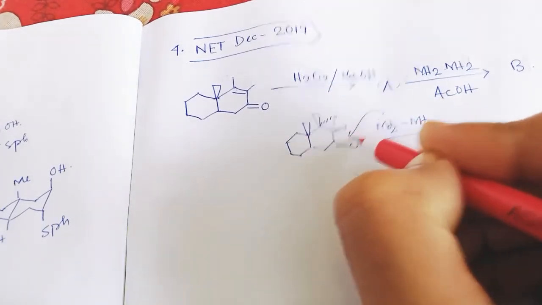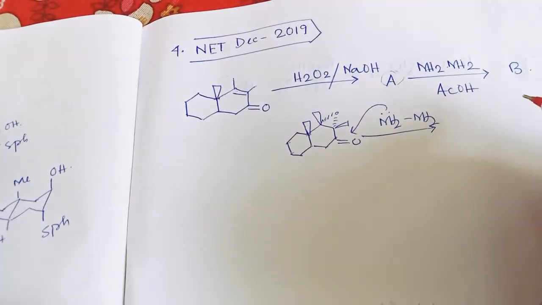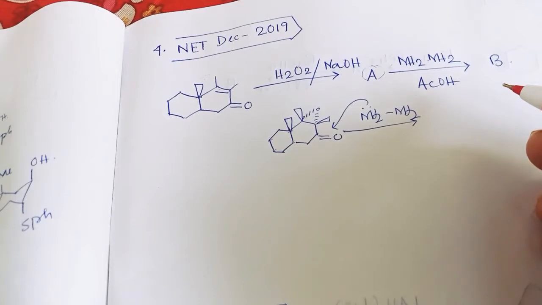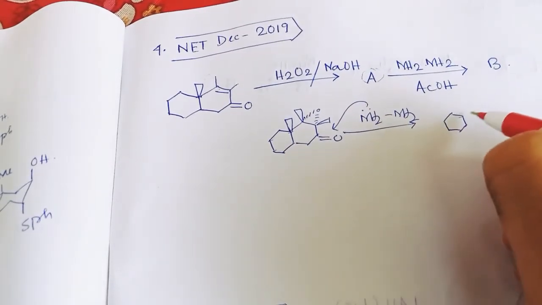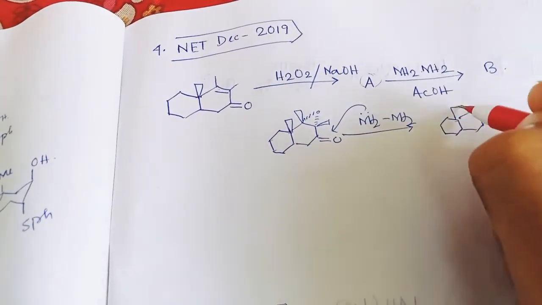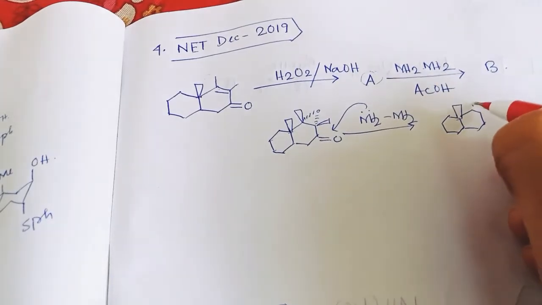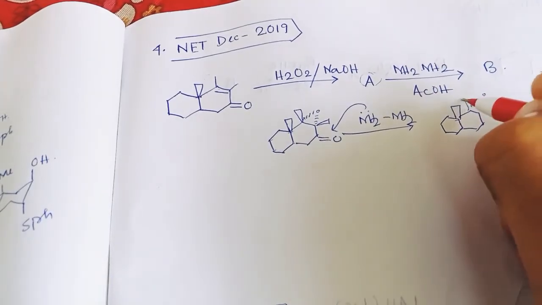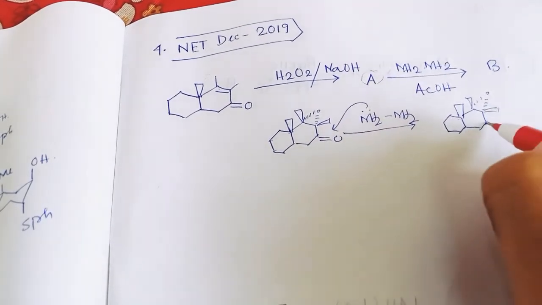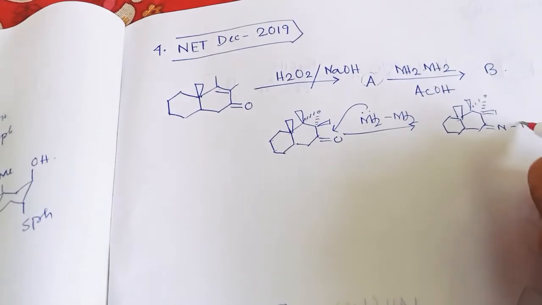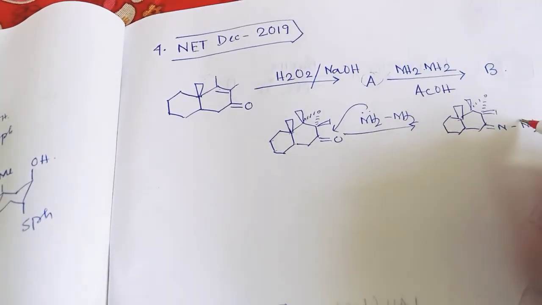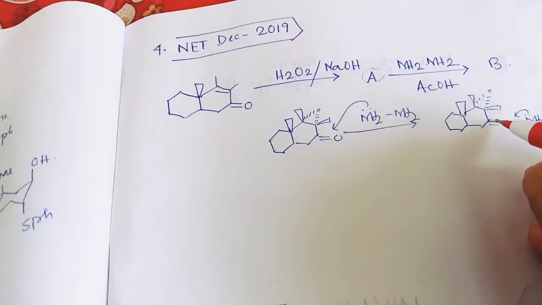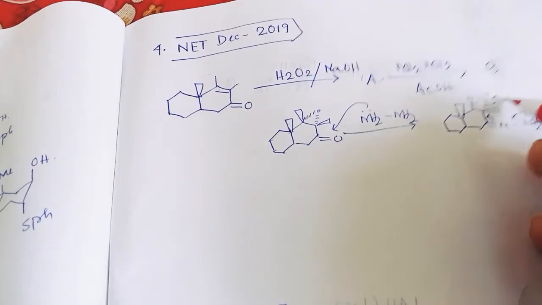nitrogen will react here and it will form an imine. I think all of you know this. Then the nitrogen lone pair will come and this will come here and the epoxide will break.